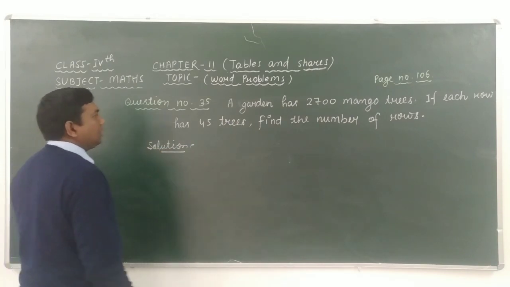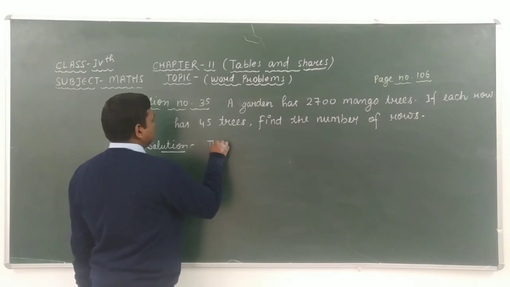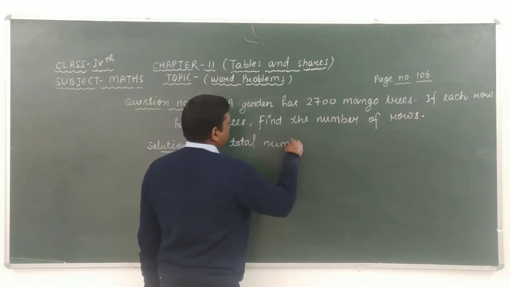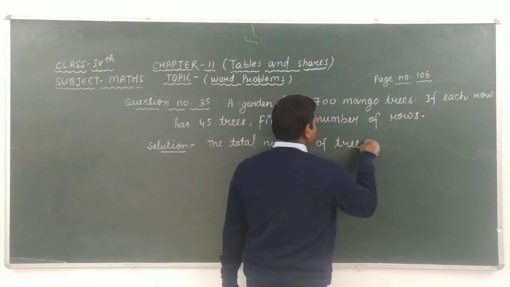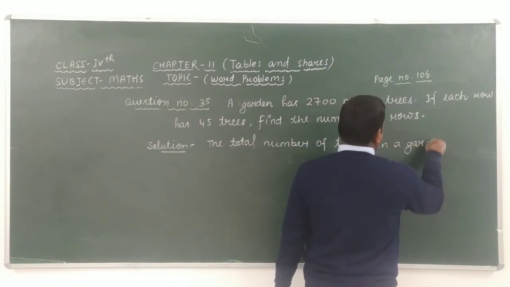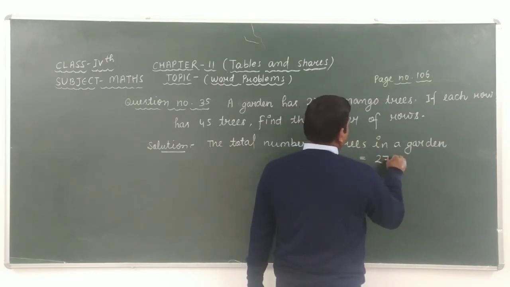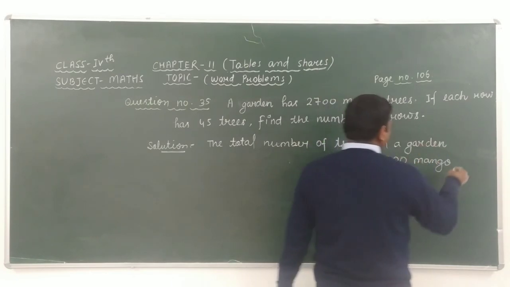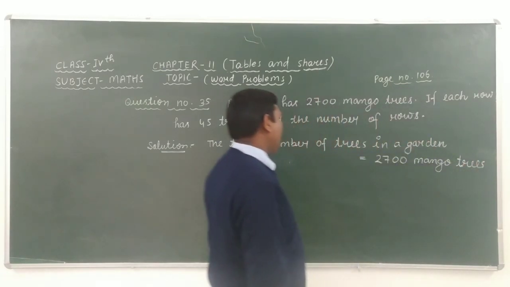In this question, the total number of trees in a garden is equal to 2700 mango trees.